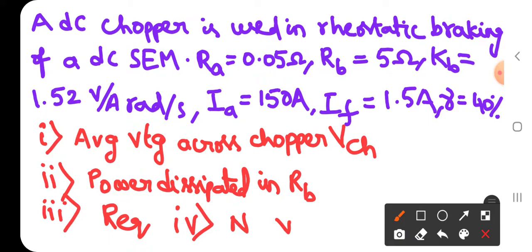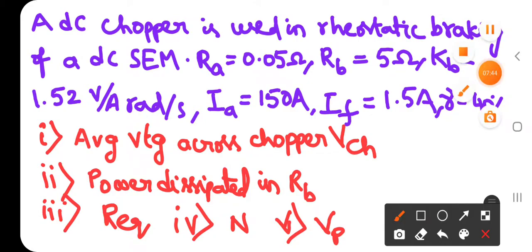And fifth, the peak chopper voltage. Yeah, this is the problem.